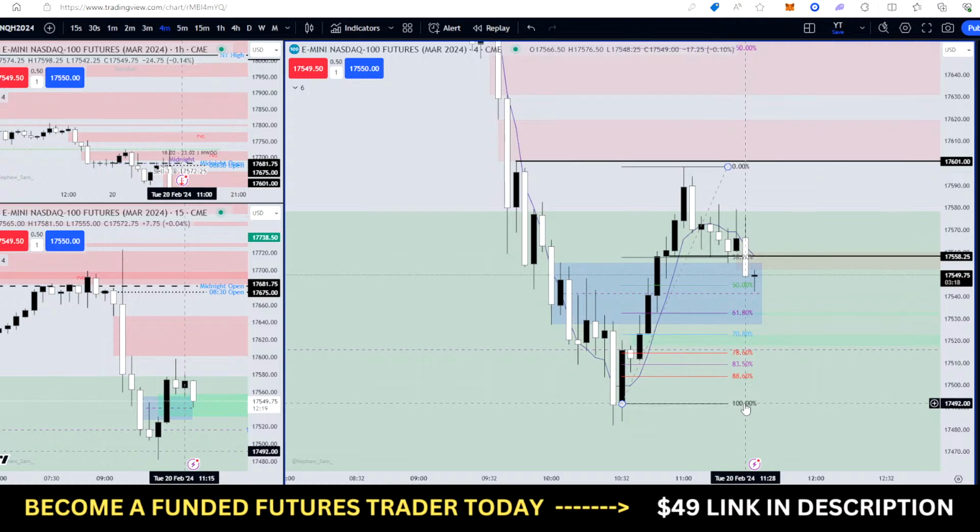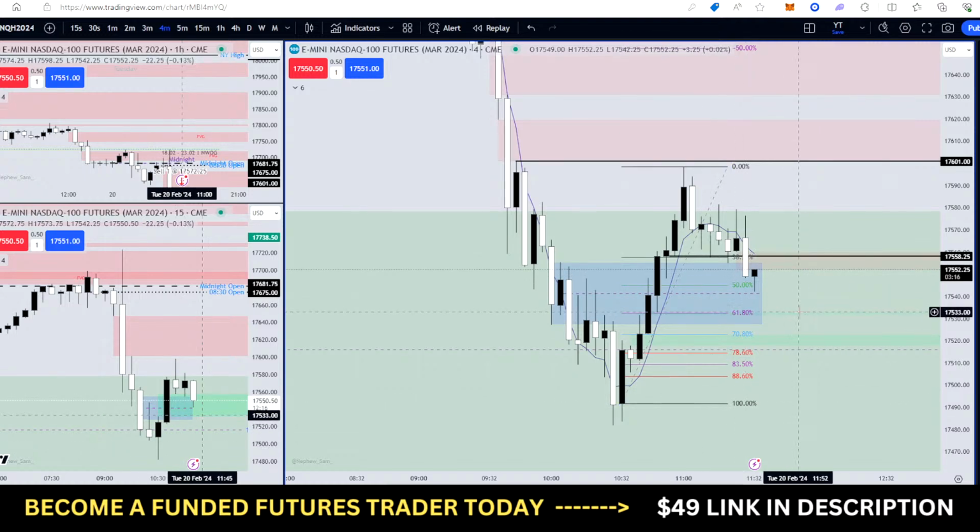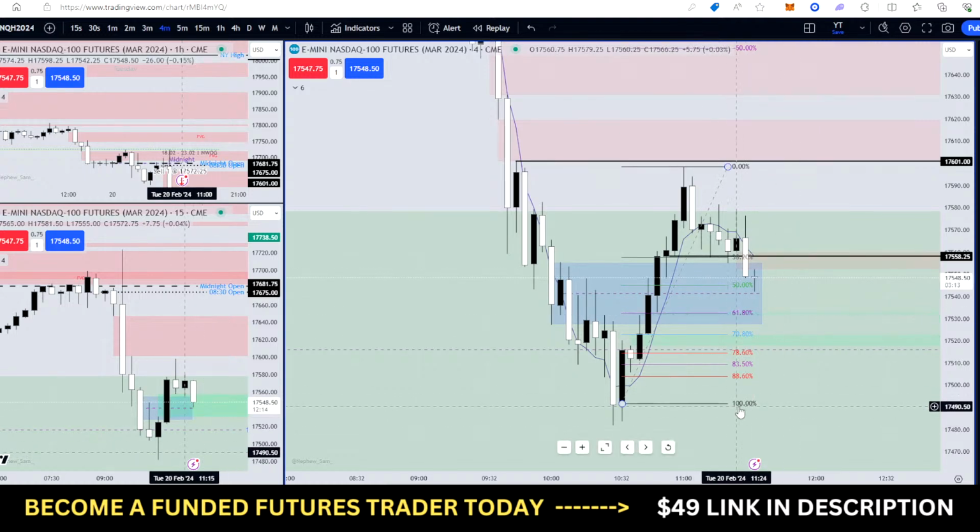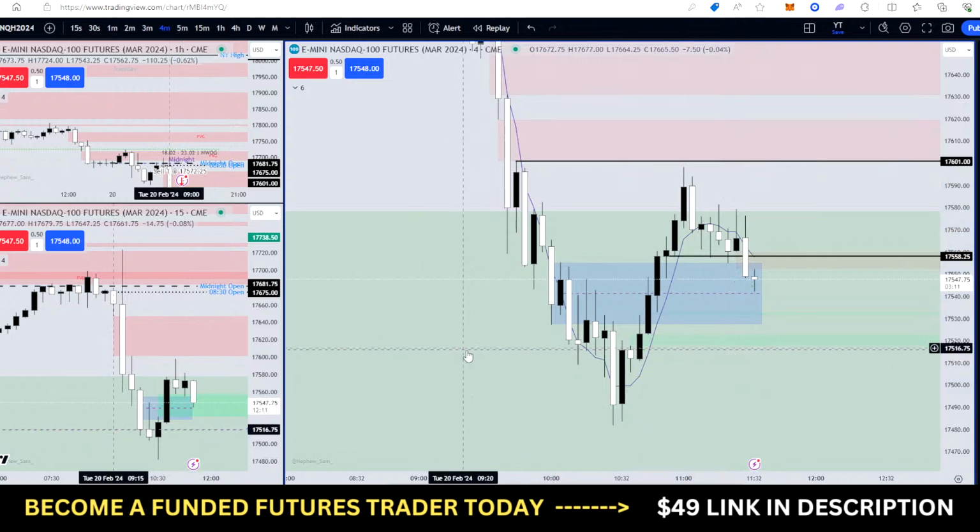We've already made it past 50%. 60% is at this little small fair value gap. So I'm gonna go ahead and get rid of the Fibonacci.